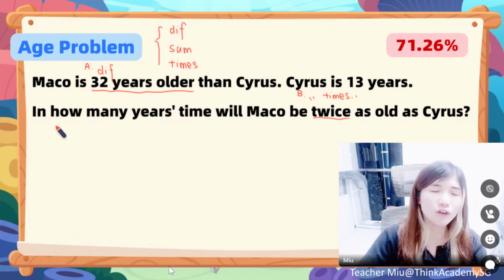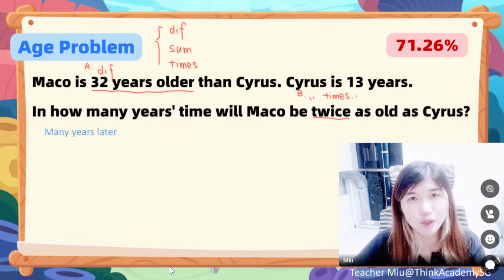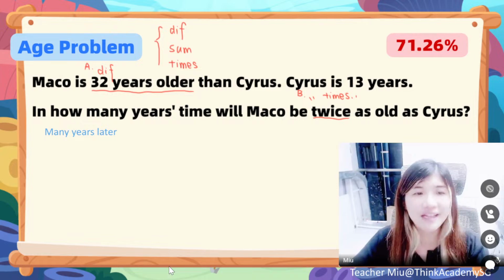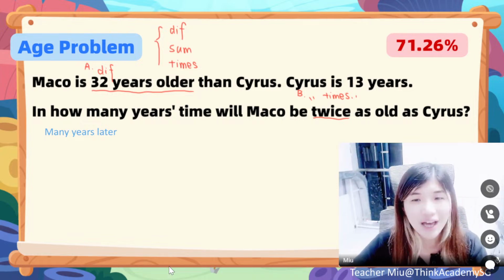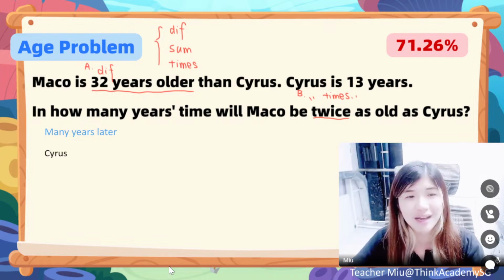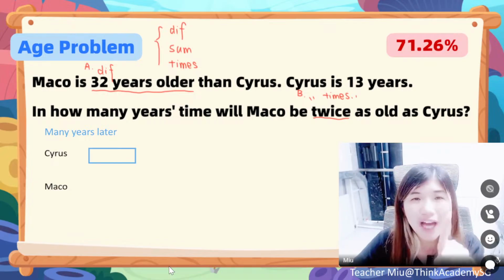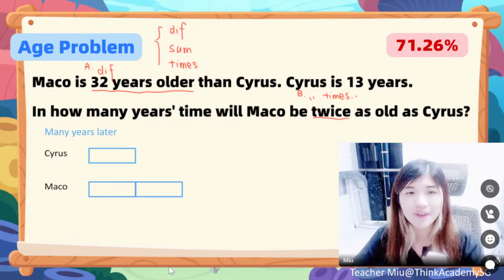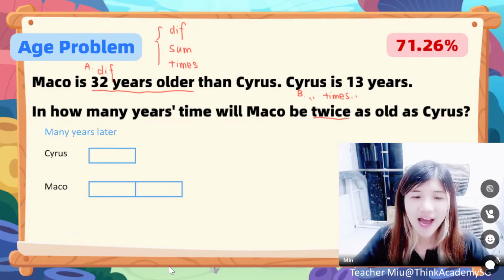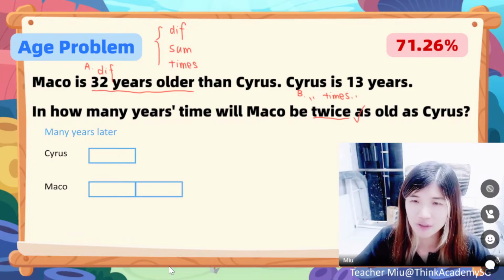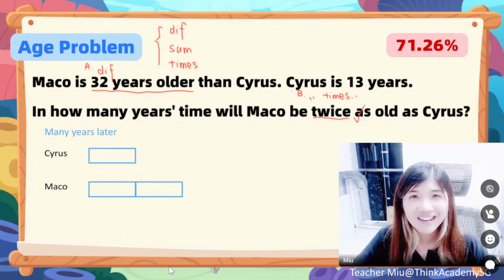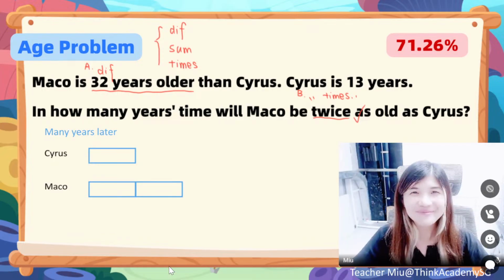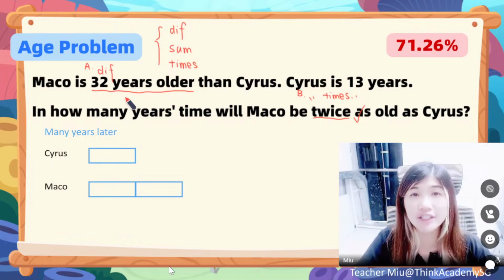So after many years, Marco will be twice as old as Cyrus. That means Cyrus is 1 unit and Marco will be twice her age. Right? Then after we use the times and the multiples, we still have one last thing, the difference, 32 years.